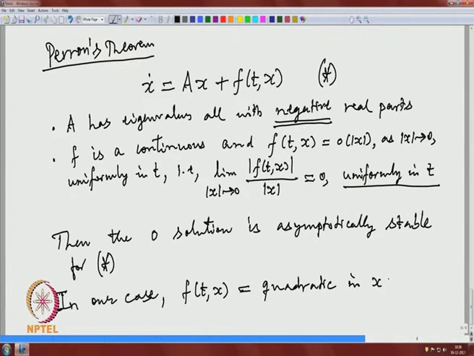So, automatically this condition is satisfied, and there is no problem. So, the Perron theorem implies that 0 is asymptotically stable when the Jacobian matrix in the linearized problem has eigenvalues all with negative real part.